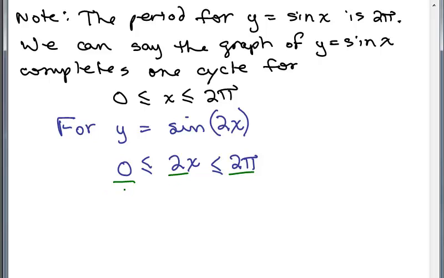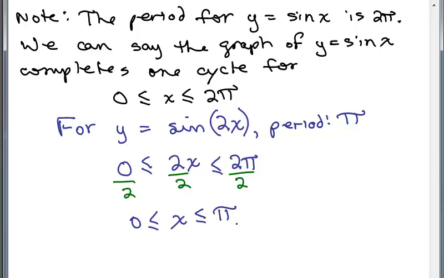So we don't have to change the direction of the inequality symbol. And that says that x goes in between 0 and pi, which means for y equals sine of 2x, the period is pi, right? Going in between 0 and pi is just pi.